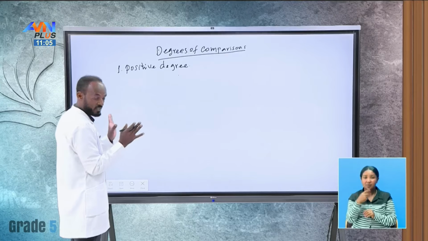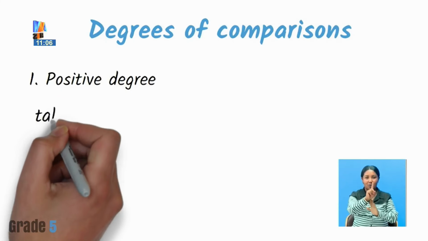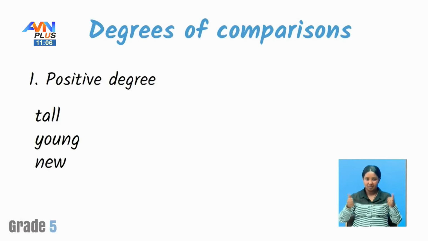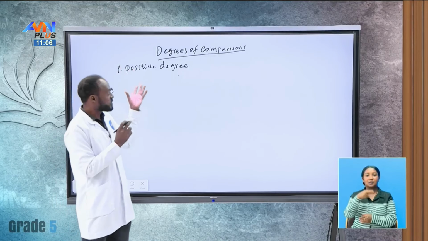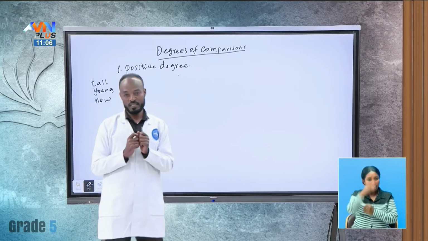The adjective. Example, when we say tall, young, new, these are adjectives which are used to talk about one single person. Is it clear?